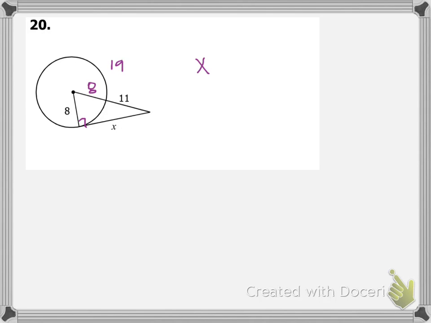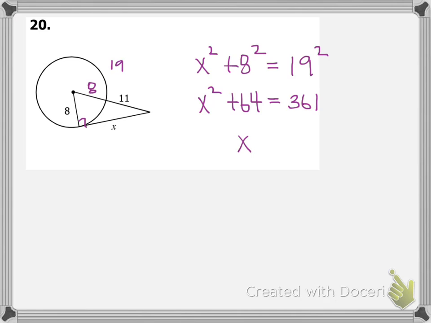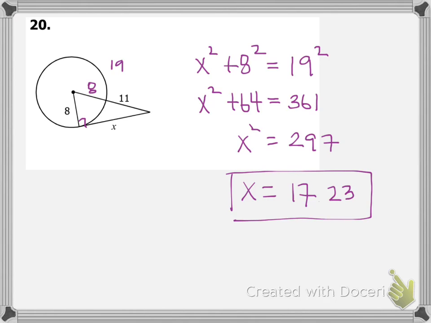So that's x squared plus 8 squared is equal to 19 squared. So that's x squared plus 64 is equal to 361. Subtract your 64, so it's going to be 297. Then take the square root of both sides, which is about 17.23. It's a positive and a negative, but we're always going to look at the positive when we're looking at lengths. Okay?